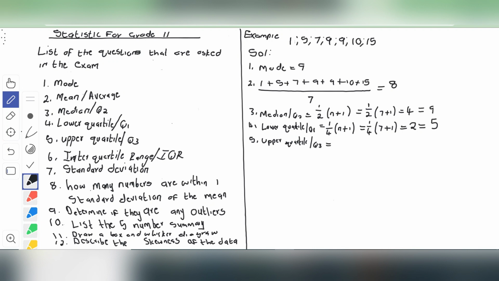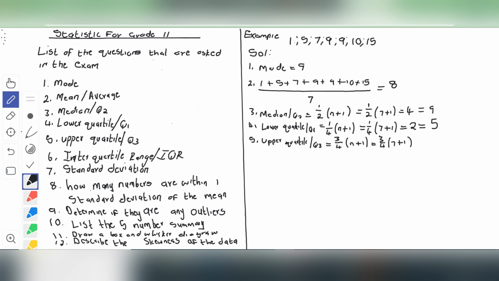Okay, guys, also for the upper quartile, we have a formula which we call the navigator, right? The formula of the upper quartile, which is Q3, is 3 all over 4 into n plus 1. Therefore, it's going to be 3 all over 4 into 7 plus 1.